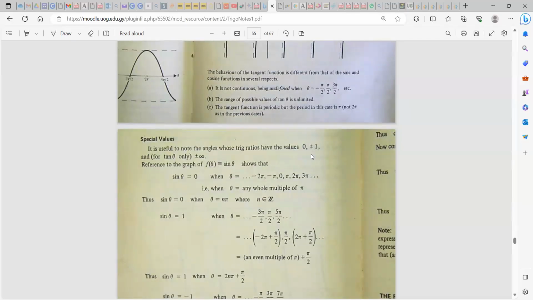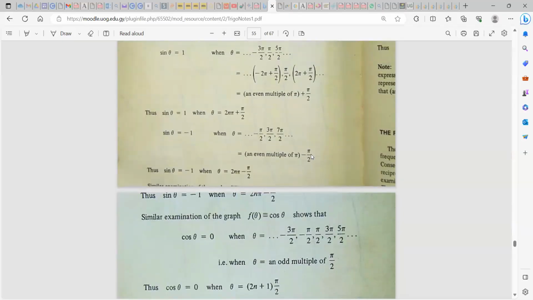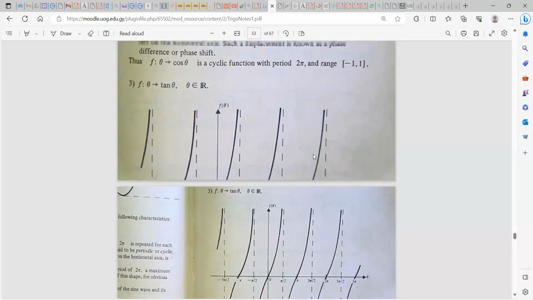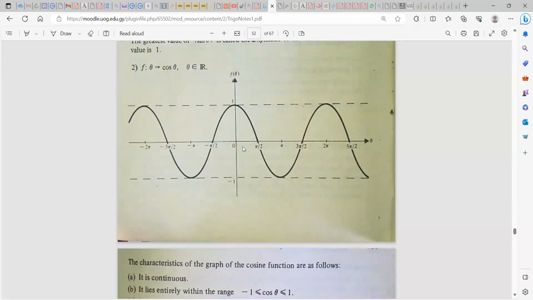And then I think that's from your knowledge of just the graphs. You can know a lot of things, like, okay, what's the cosine of 0 degrees? You know, because you remember the graph, right? What's the cosine of 90 degrees? You know, what's the cosine of pi radians?